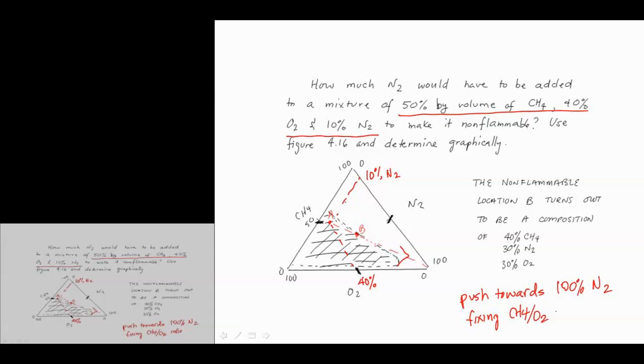We find out that we get to about a point B that allows that to happen, and that point B graphically corresponds to about 40% CH4, 30% N2, 30% O2. So think about how quickly we were able to do that. And again, it's just a graphical way of being able to do that evaluation.